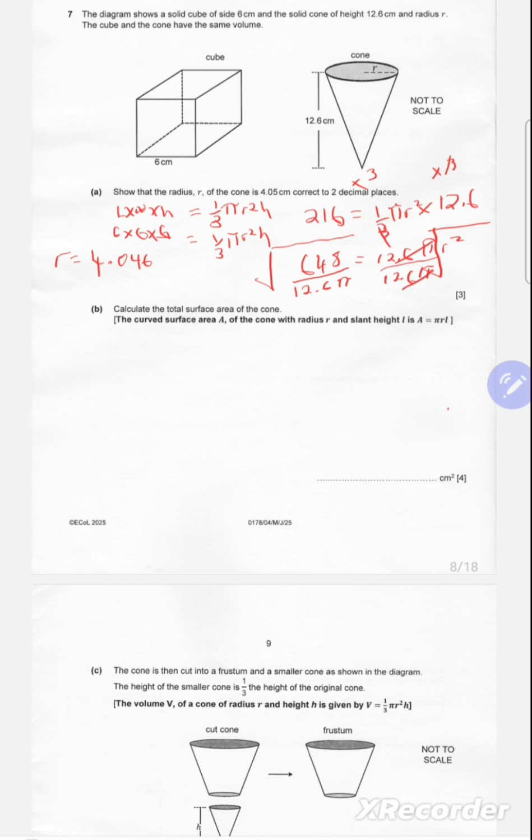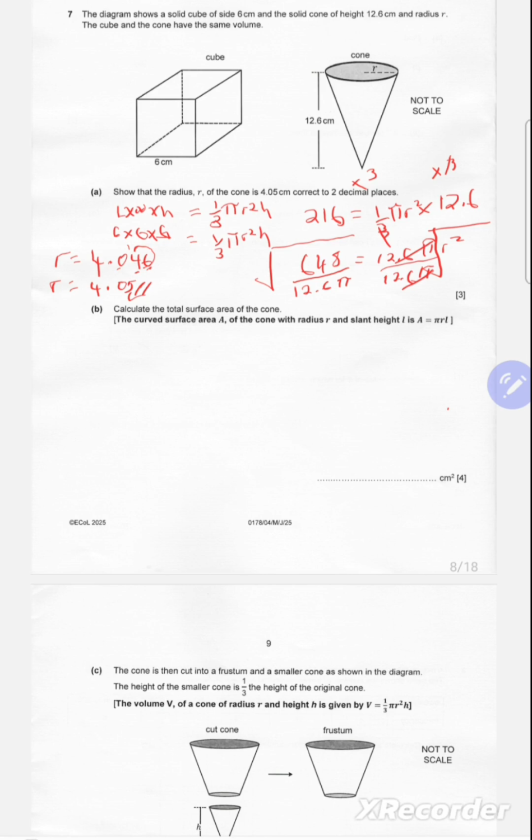Now we round it to 2 decimal places. This is the first decimal place, the second, then we look at this one. We see that 6 is greater than 5, so we add 1 to this. So we have r equals 4.05. So we have proved that r is indeed 4.05, correct to 2 decimal places.